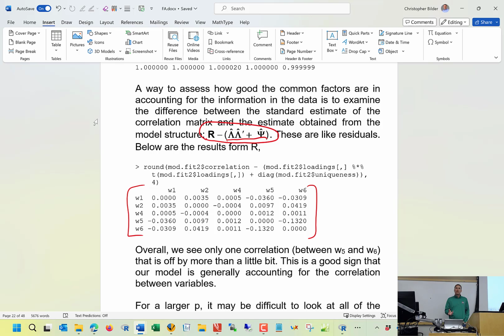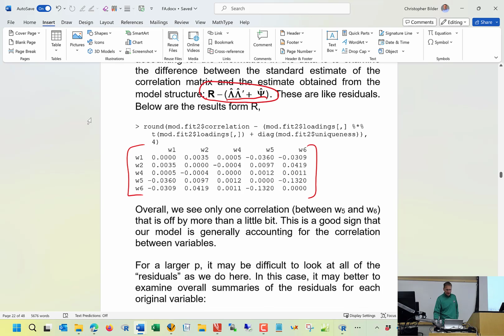The closer to zero, the better the model. We can see here that these values are fairly close to zero. And remember, we're working with correlations here, so we have a numerical scale that we can understand. Correlations are between -1 and 1. All these residuals are essentially close to zero, except for maybe one.